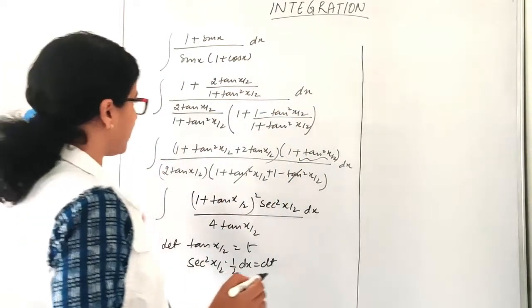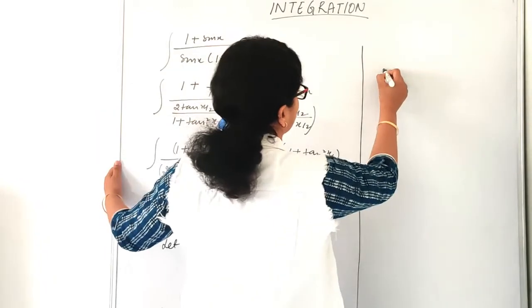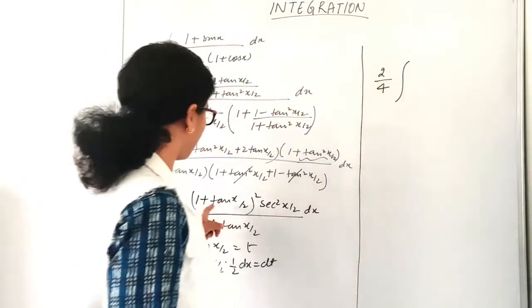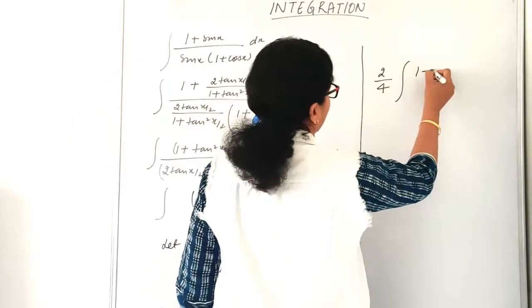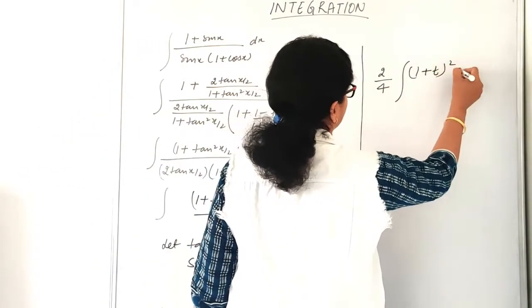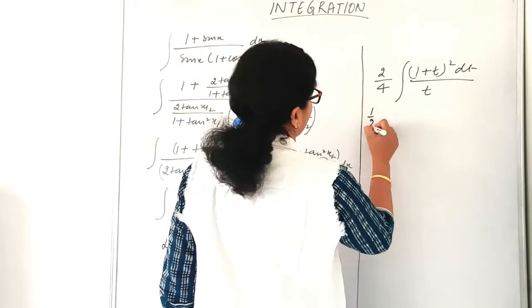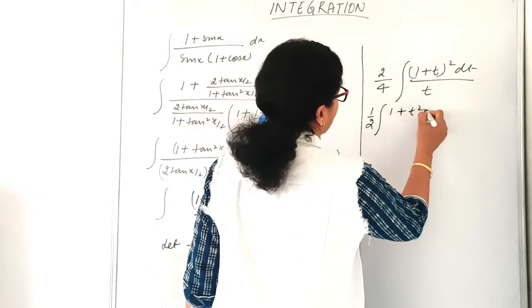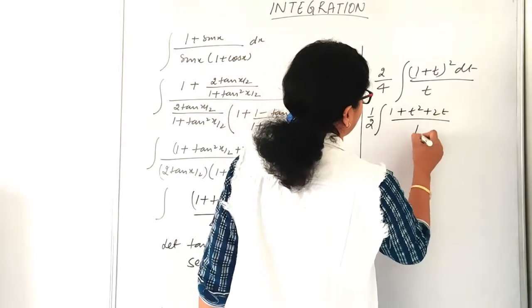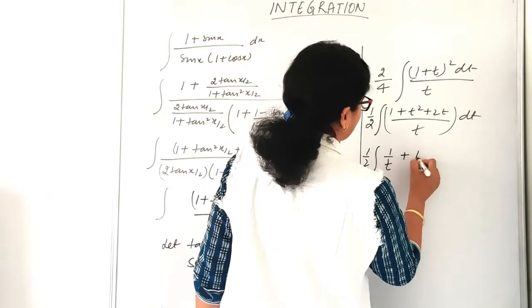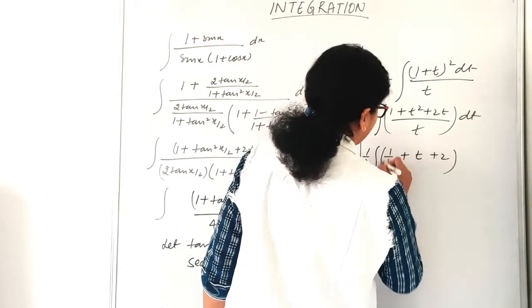So now what will my integrand become? It will become 2 upon, take out 4, integration of 1 plus t whole square dt upon t, right? So 1 by 2 integration of 1 plus t square plus 2t upon t dt, separated: 1 by t plus t plus 2 dt.